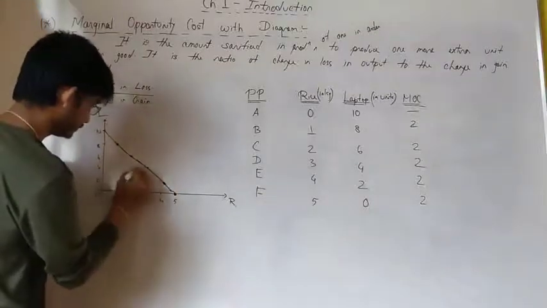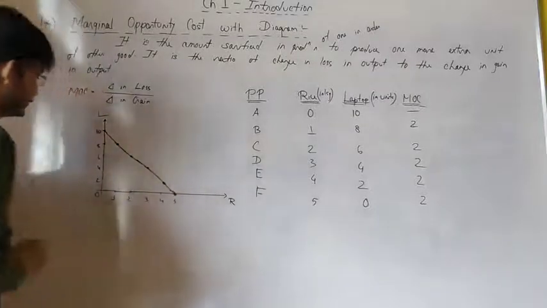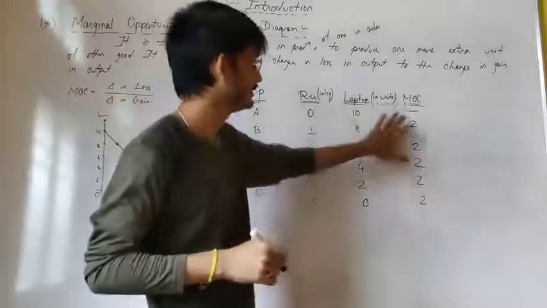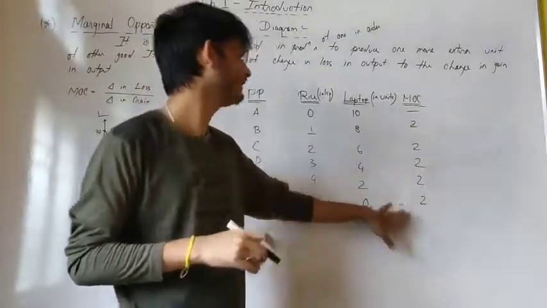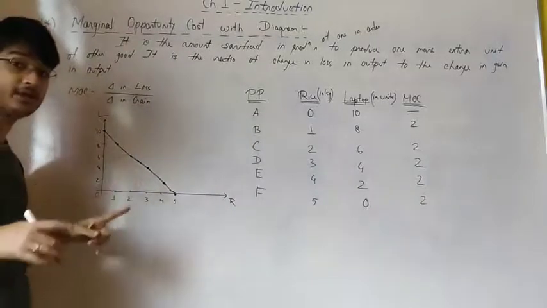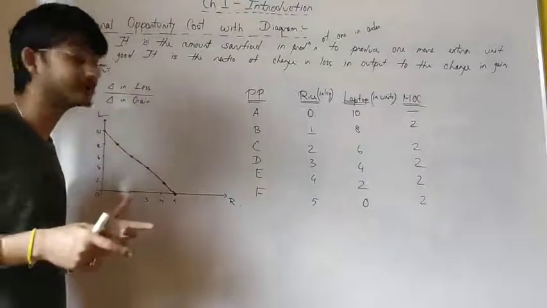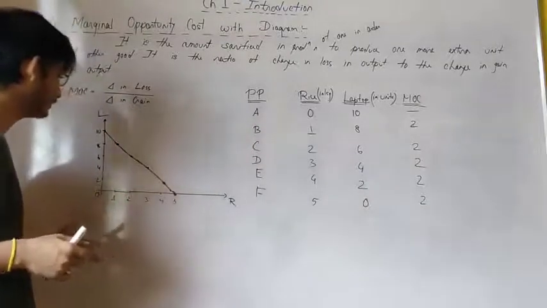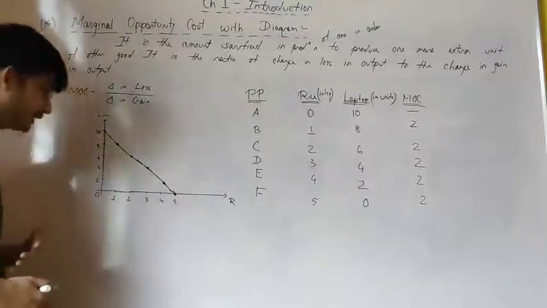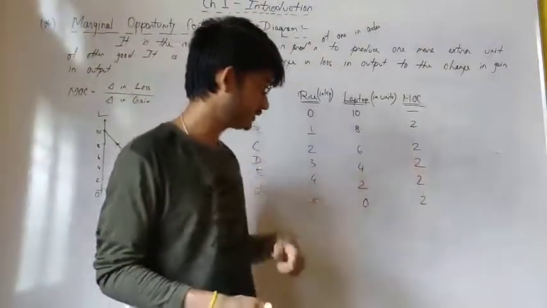Whenever marginal opportunity cost remains constant, it is a very striking feature, my dear students, the production possibility curve will not be a concave curve. Rather, it will be a straight line sloping downward, because marginal opportunity cost is constant.